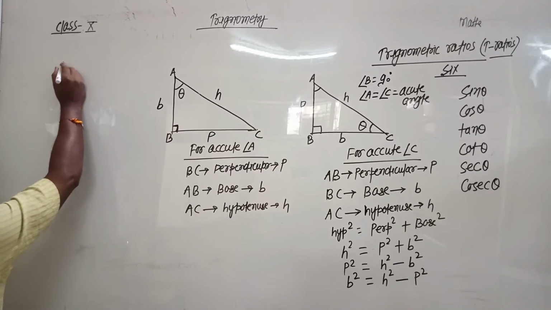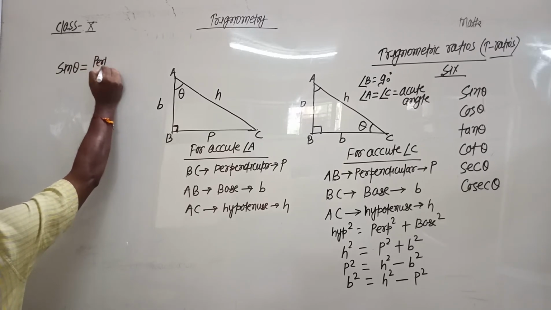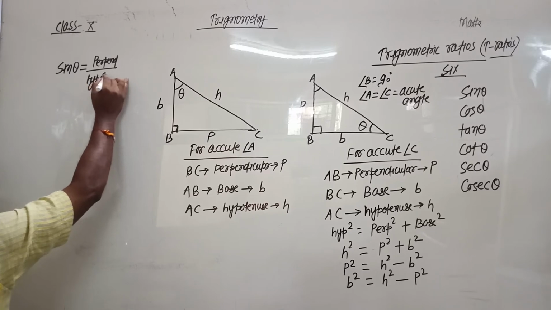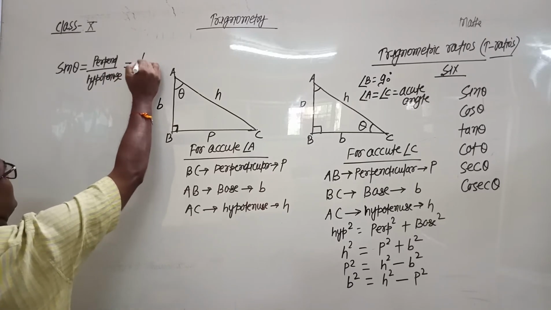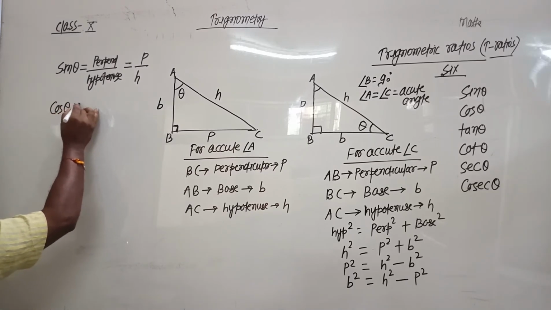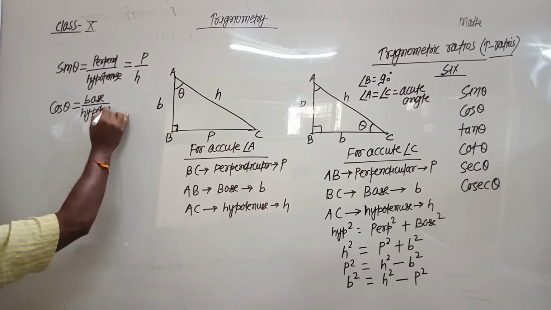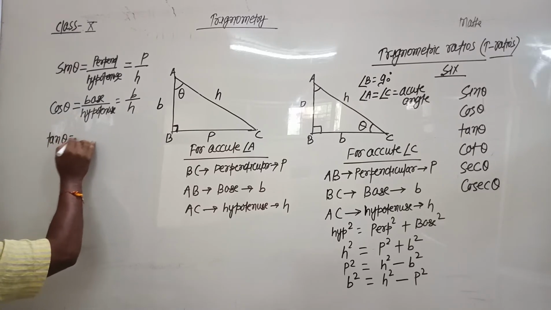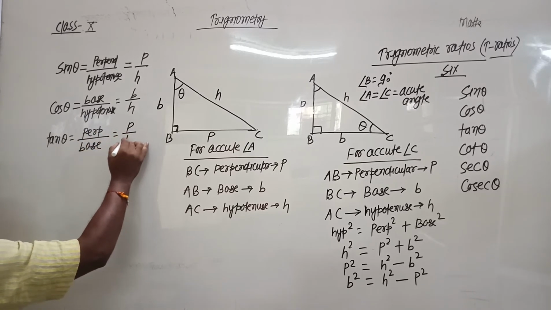Sin theta is equal to perpendicular upon hypotenuse, represented by P by H. Cos theta is given by base upon hypotenuse, so B upon H. Tan theta is equal to perpendicular upon base, P upon B.